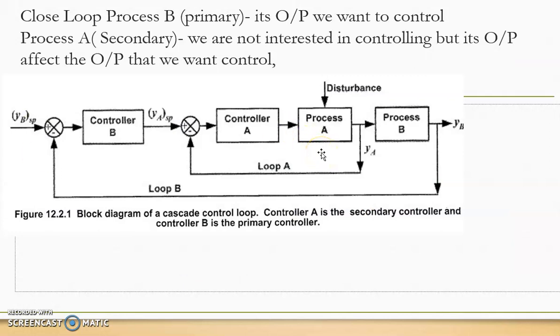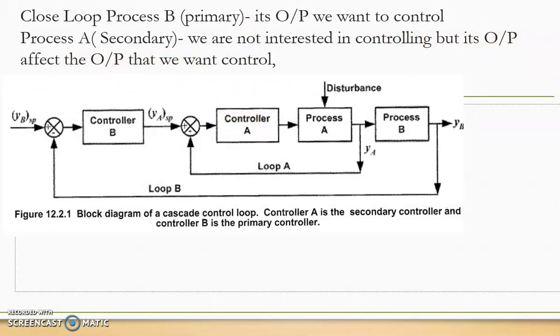As I told you earlier, there are two closed loops in a cascade control system, and the output of one of the closed loops is the set point for the other. In loop A, we have process A. Process A is not what we are interested in controlling, but its output affects the process that we want to control.